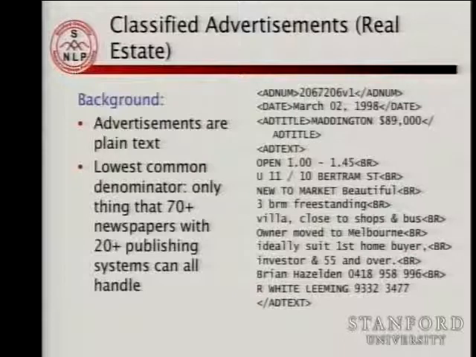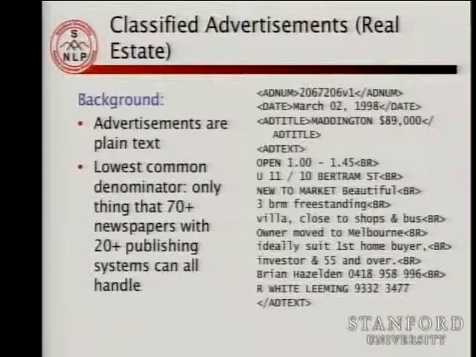What they wanted to do was take all of their real estate listings and provide web search over them. At that time, at least, all of those real estate listings were just in plain text. But still, if you look at something like Craigslist, most of what you see is in plain text.